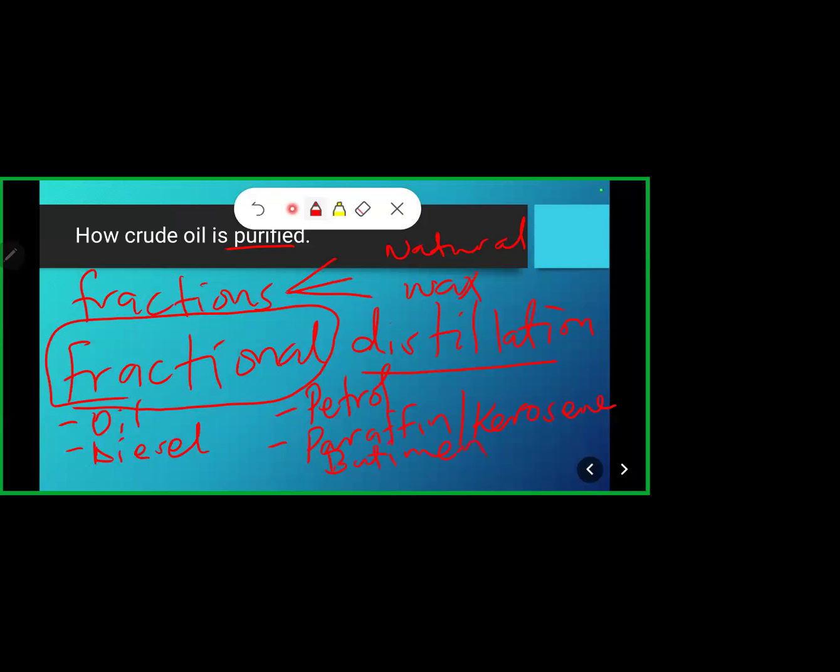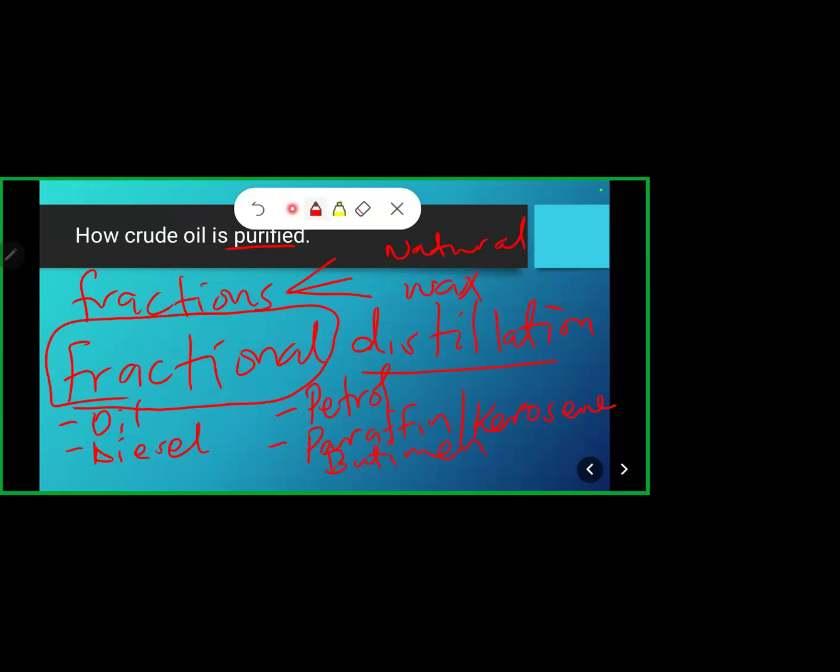And we know that fractional distillation has different trays or cooling trays. I know you looked at that when you were looking at the purification of air, or how we obtain liquid oxygen. So the procedure is more or less the same.